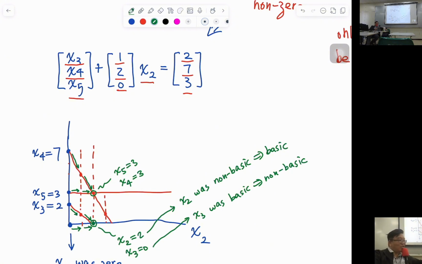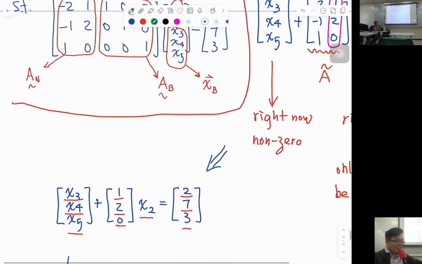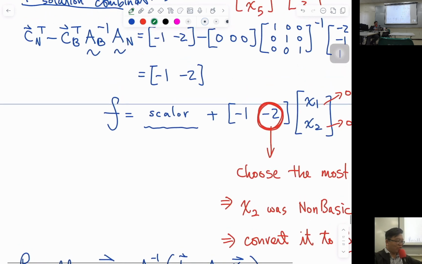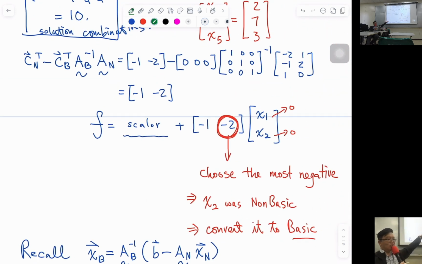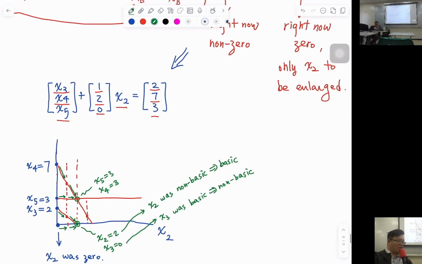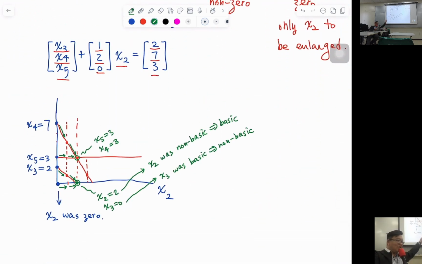Well, why is it good for us? Because, let me remind you, whenever we pick up x2 to increase its value, the objective function drops. Okay, but I want x2 to be enlarged, so f can drop. However, I don't know how much I can enlarge x2. So whenever I enlarge x2, I check on the constraints and see how other values are gonna change.